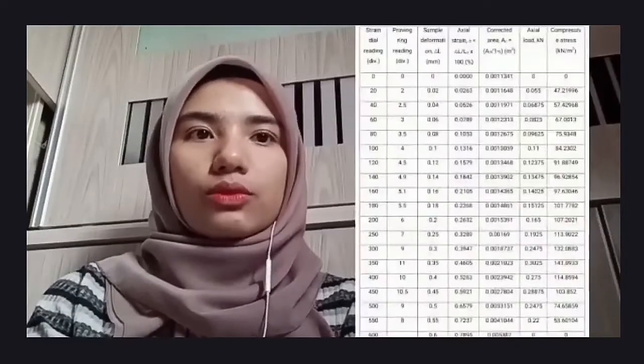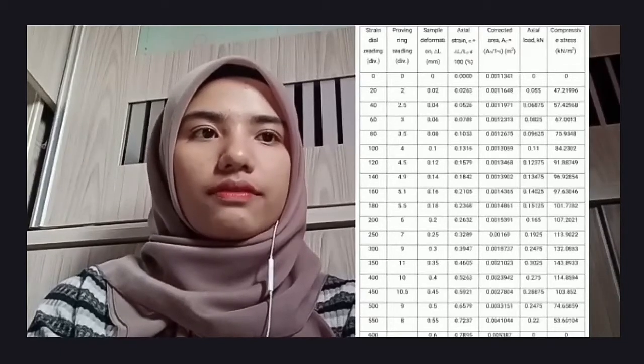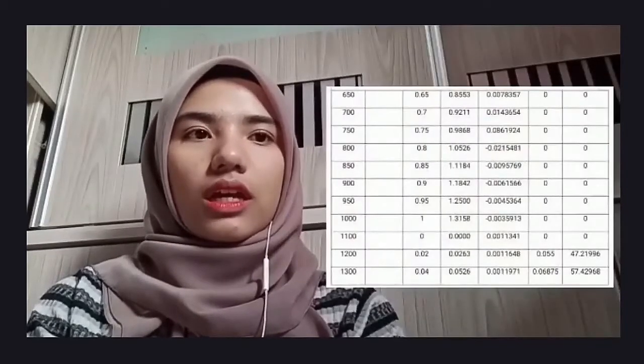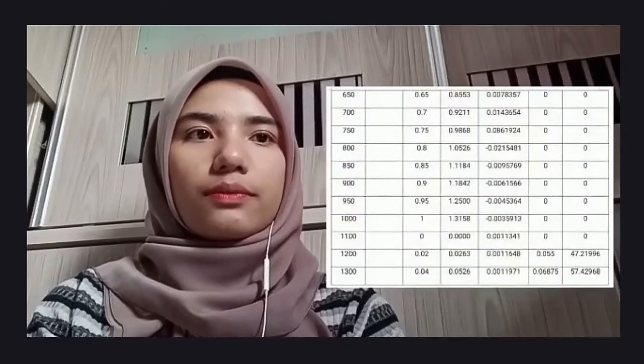For specimen 2, the compressive stress begins with 47.21996 and increases to 114.8594, drops back until 0 and increases to 57.42968.